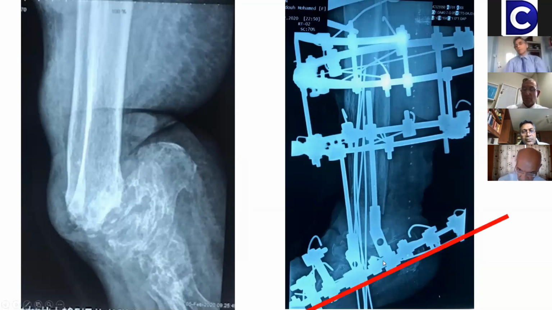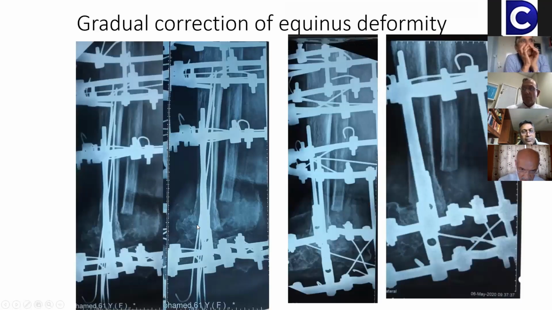So this is now after immediate postoperative. This is the foot, and we still have maybe 60 degrees more of equinus. Now we do gradual correction using the hinges. See the gradual correction that we have.